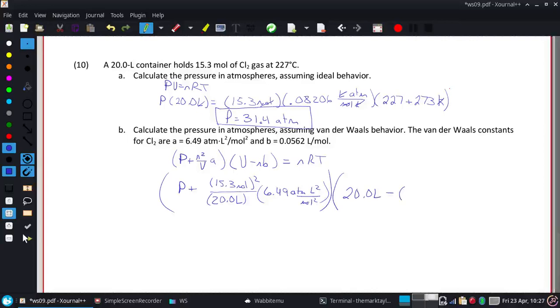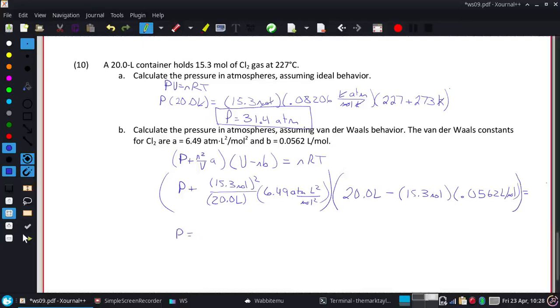We have the n, and we have this b term, which is 0.0562 liters per mole. This is kind of a correction to how the volume is behaving based on the chlorine. And the nRT part is the same as above, so I'm not going to bother to write that out here.